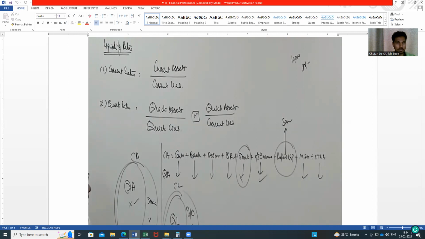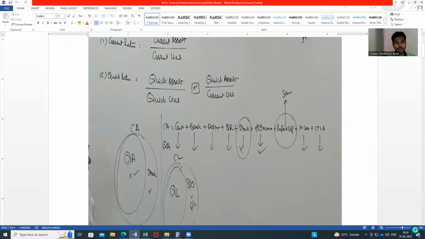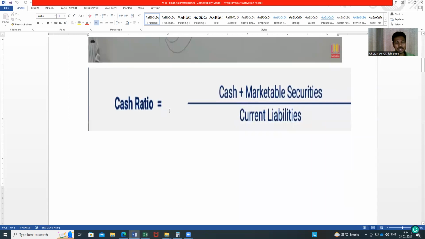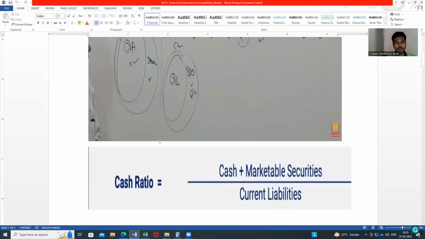So there are three liquidity ratios that we need to remember, learn, and understand. One is current ratio, then the next one is quick ratio, and then cash ratio. Cash ratio is also known as super cash ratio.